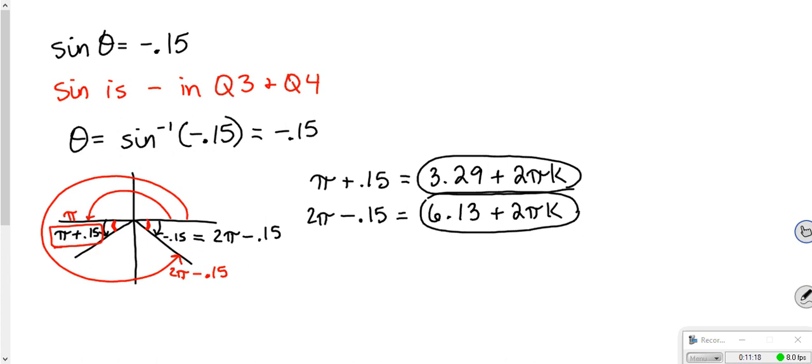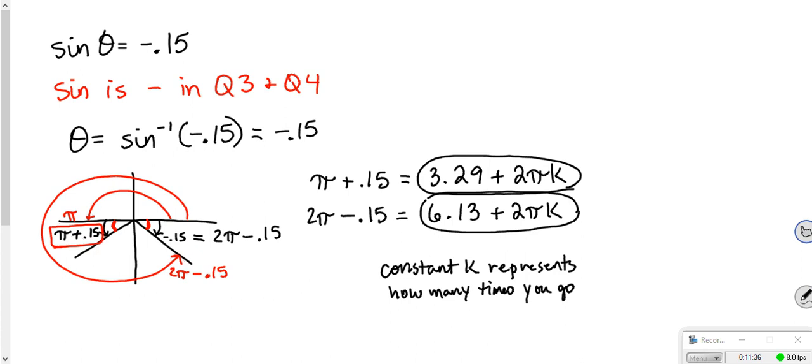So let me just write: constant k represents how many times you go around the circle to end at the same value.